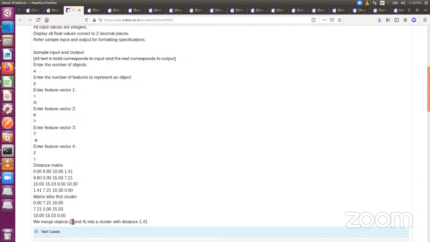Okay, so 1 and 4 are combined together into a single cluster. So what is 1? 1 comma 0, and 4 is 2 comma 1. Okay, and then the centroid value of 1 and 2 will be considered as the overall point for these two, and then using that again from the distance matrix.